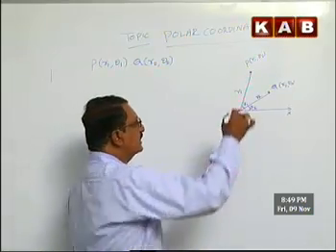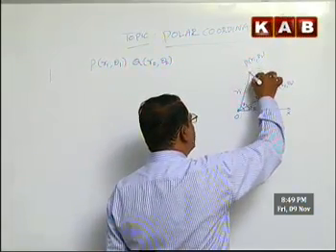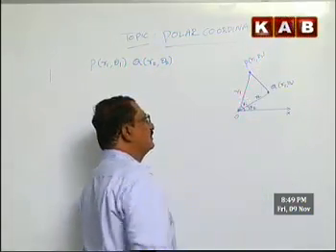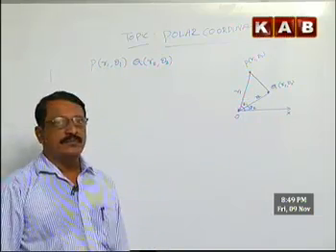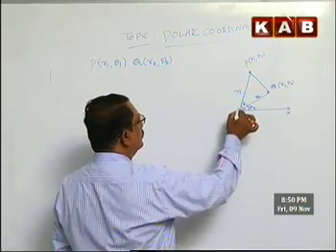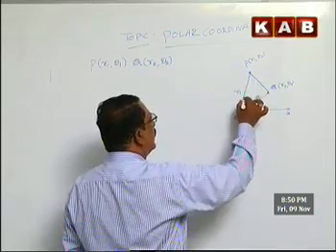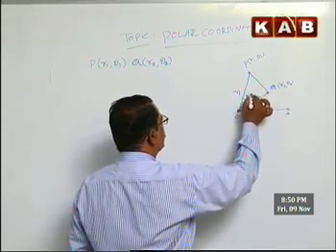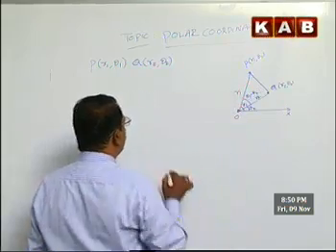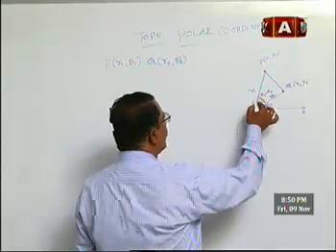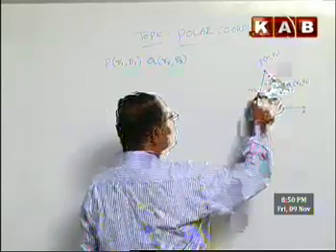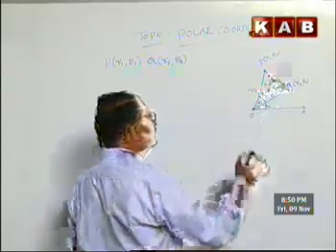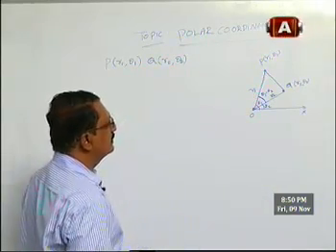Now, we require the distance between P and Q. In triangle OPQ, angle O equals theta 1 minus theta 2.